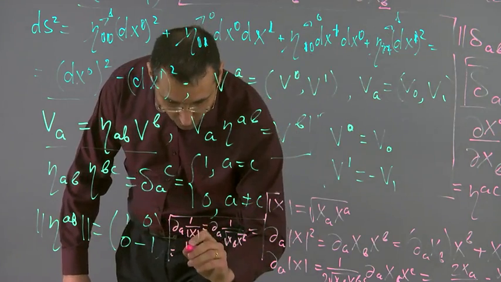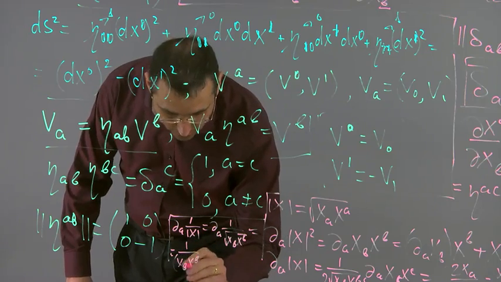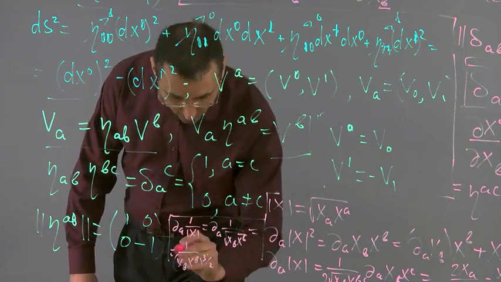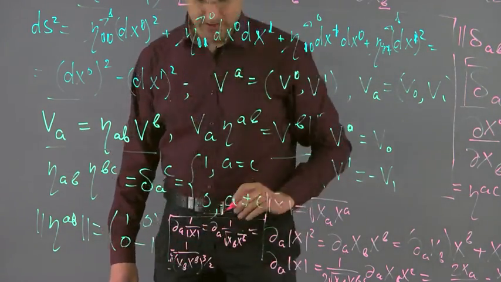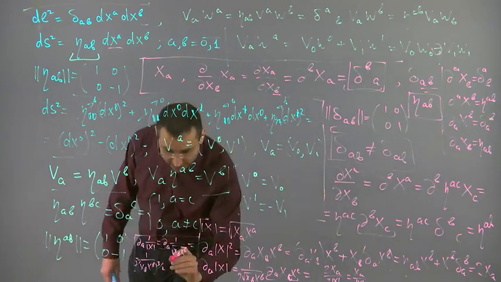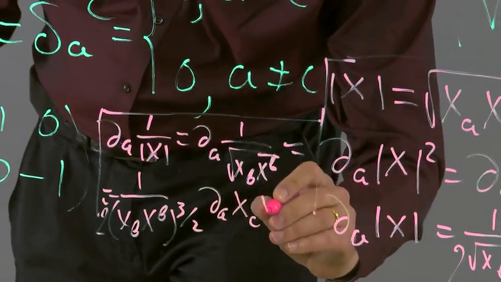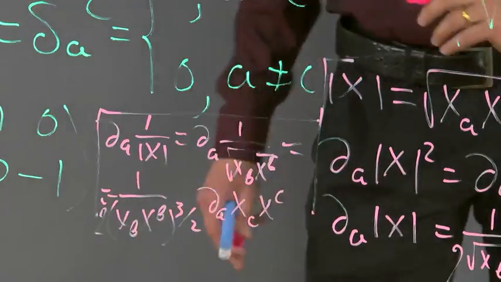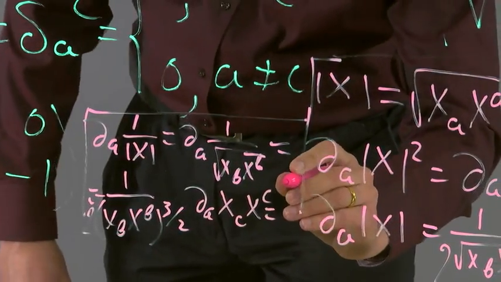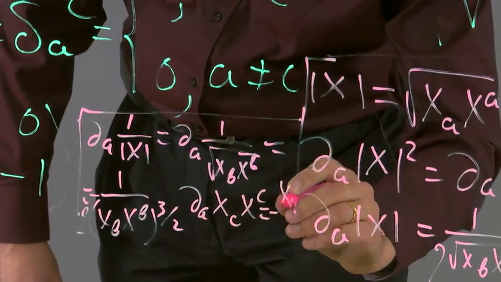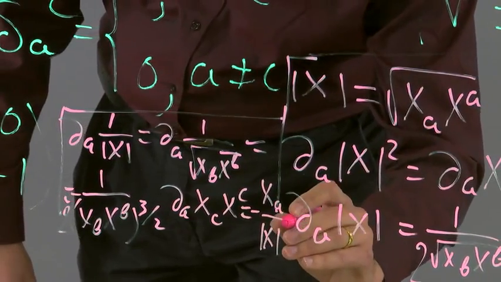As a result, this is 1 over xb xb to the power 3/2 with a minus sign, and 2 should be present here. And then I apply the differential to the expression which is standing in the complicated function, so xc xc. As a result, using all these expressions, I have minus xa divided by modulus of x to the power 3.